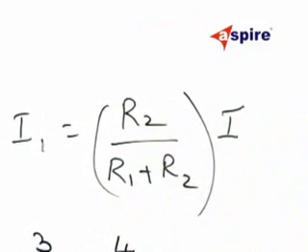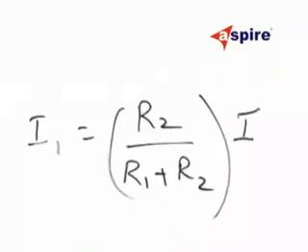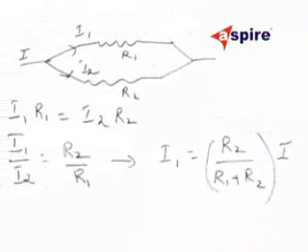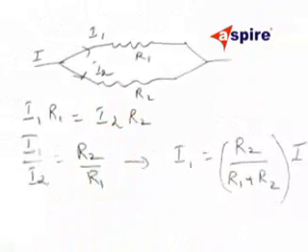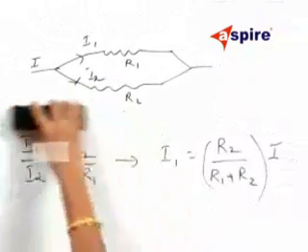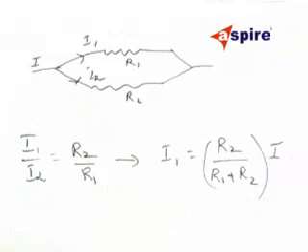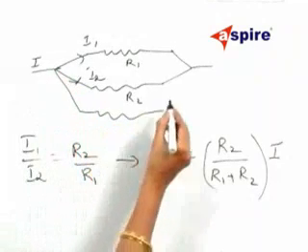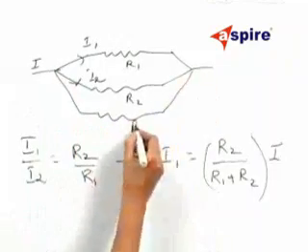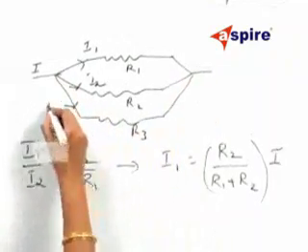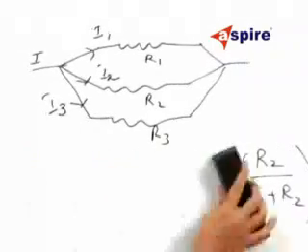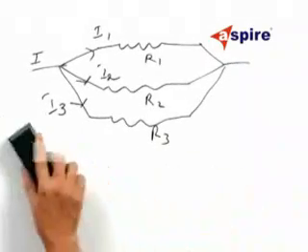In the same way, we can extend this to 3 resistances. In the case of 3 resistances, you will have one more branch which contains the current I3. So from here, we can have one more branch, that is I3. The total current I is equal to I1 plus I2 plus I3.